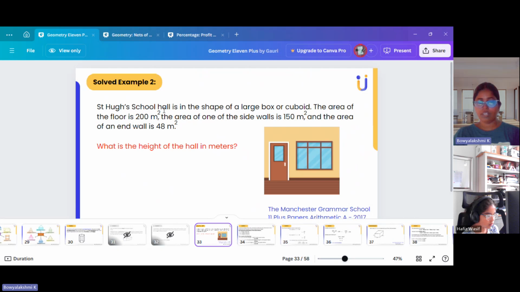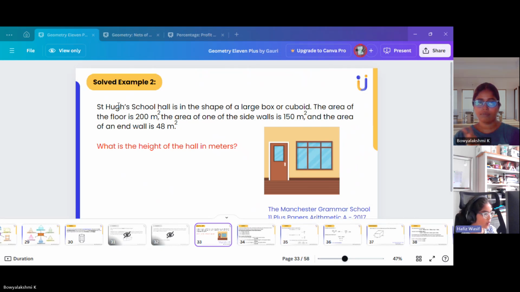Okay, can you read this question? Saint Hoch School Hall is in the shape of a large box or cuboid. The area of the floor is 200 meters squared. The area of one of the side walls is 150 meters squared, and the area of an end wall is 48 meters squared.